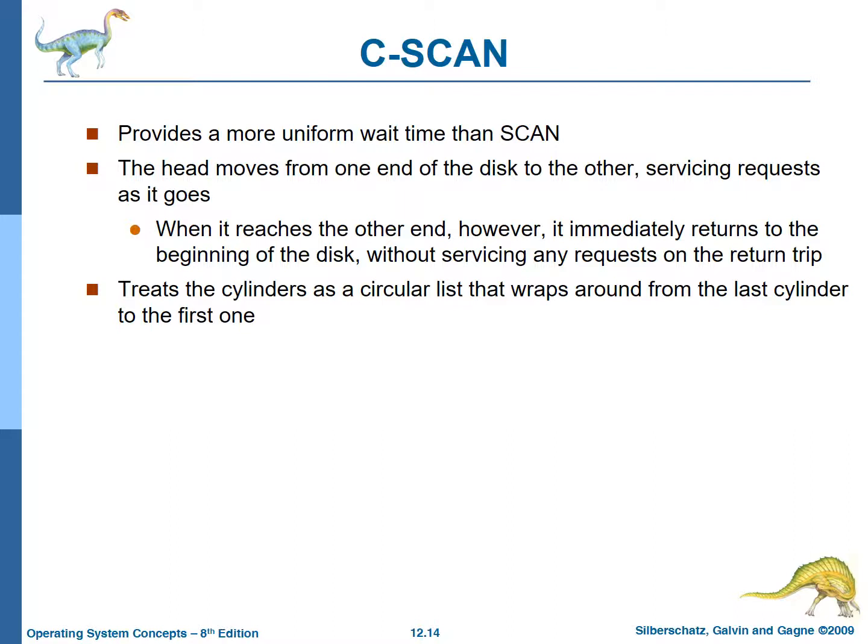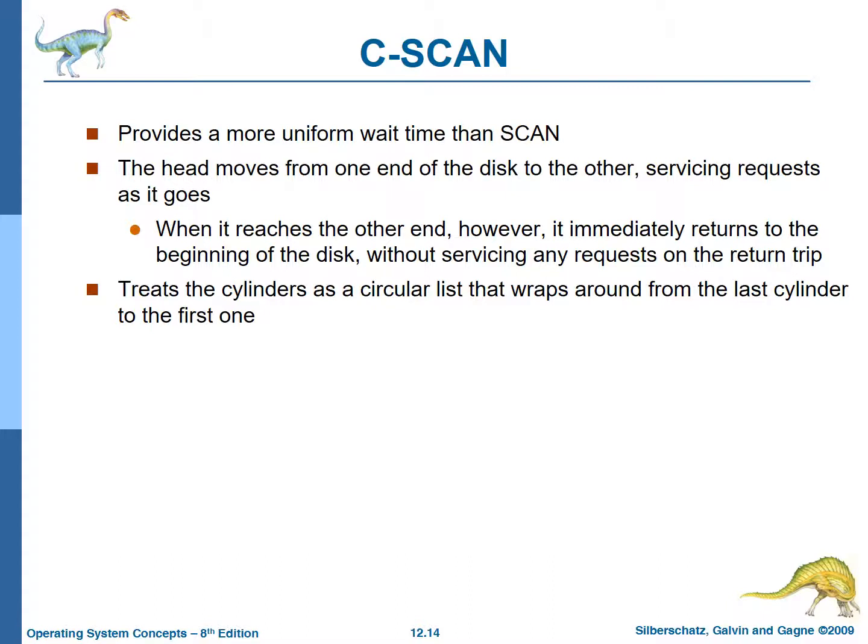C-SCAN provides a more uniform wait time than SCAN. The head moves from one end of the disk to the other, servicing requests as it goes. When it reaches the other end, however, it immediately returns to the beginning of the disk without servicing any requests on the return trip.